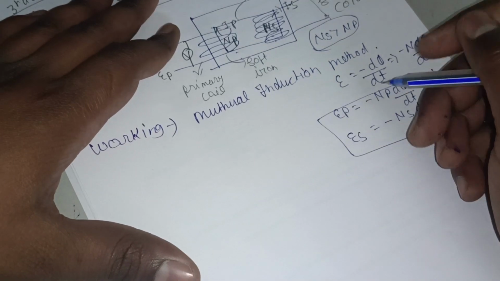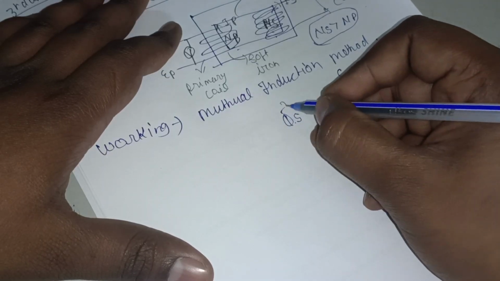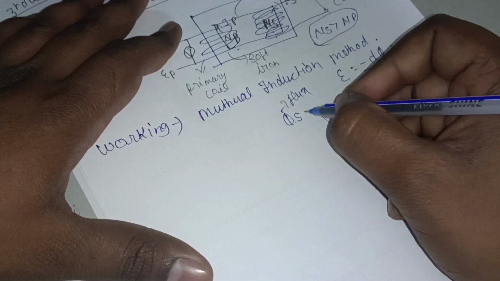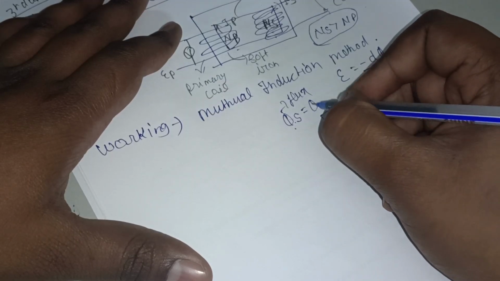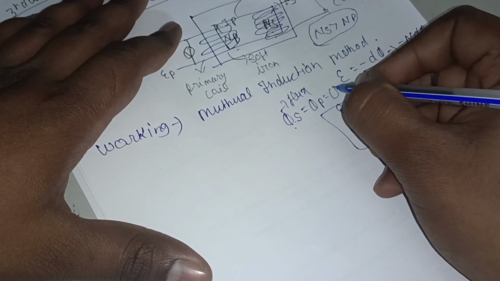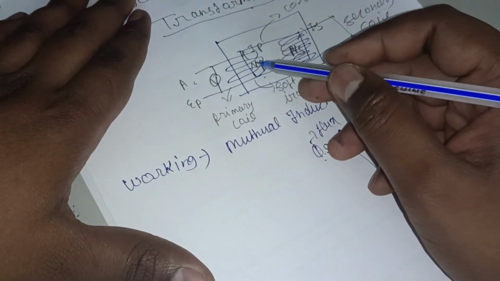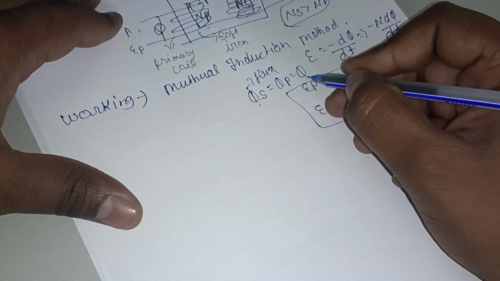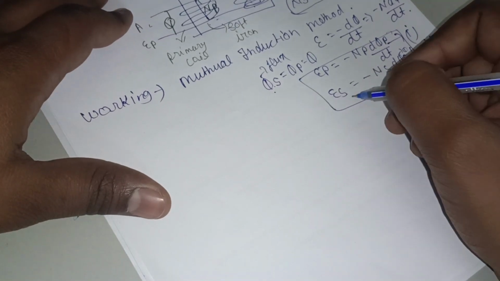एक और चीज़, that phi means flux in primary is equal to flux in secondary. सिंपल जो बात है, जितना फ्लक्स यहाँ पे होगा उतना ही फ्लक्स यहाँ पे होगा, that's why it is equal. So I can write phi only here.